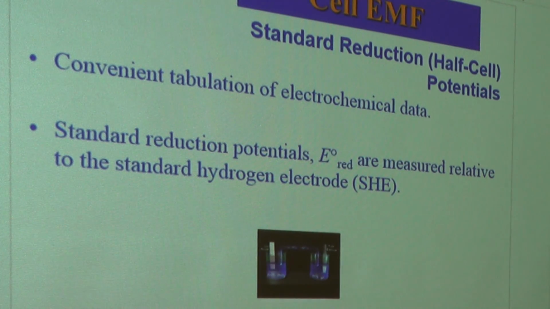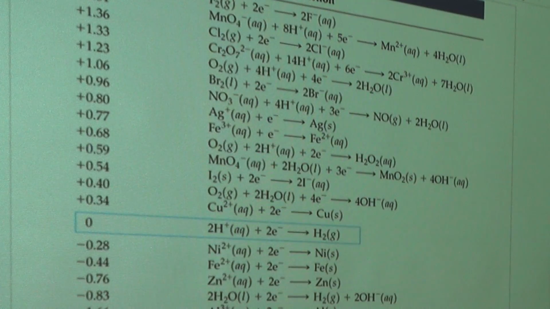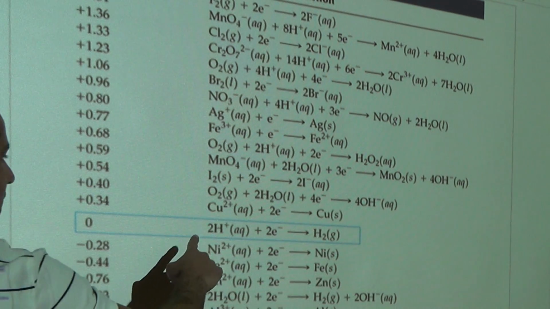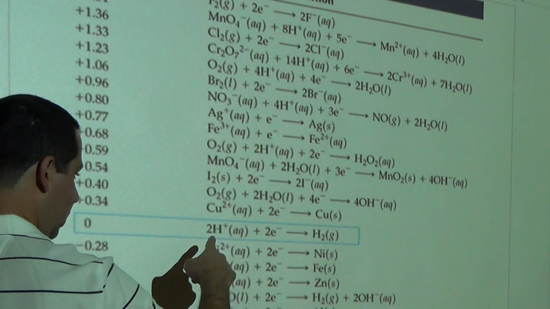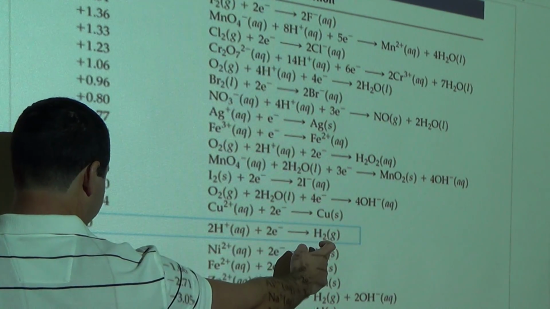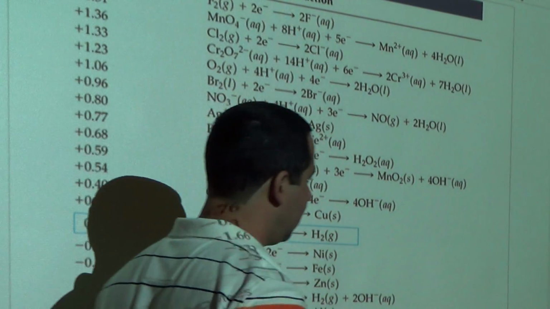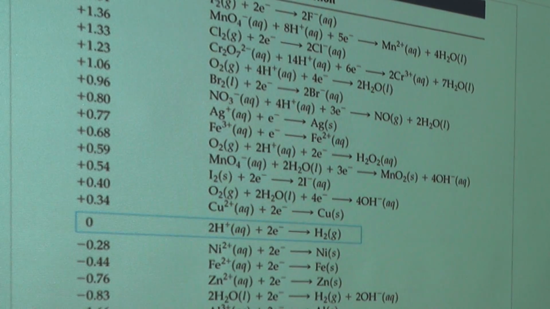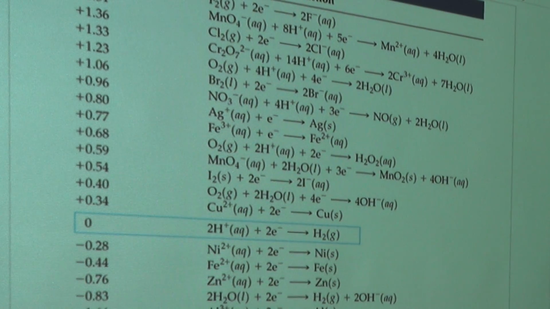Once you determine the reduction potential as a comparison of this with everything else, you get a table. And this table is called electrochemical data. There is a famous table. In this famous table, the standard hydrogen electrode is the reduction of H+ gaining electrons. Is this a reduction or an oxidation? Electrons are reactants.